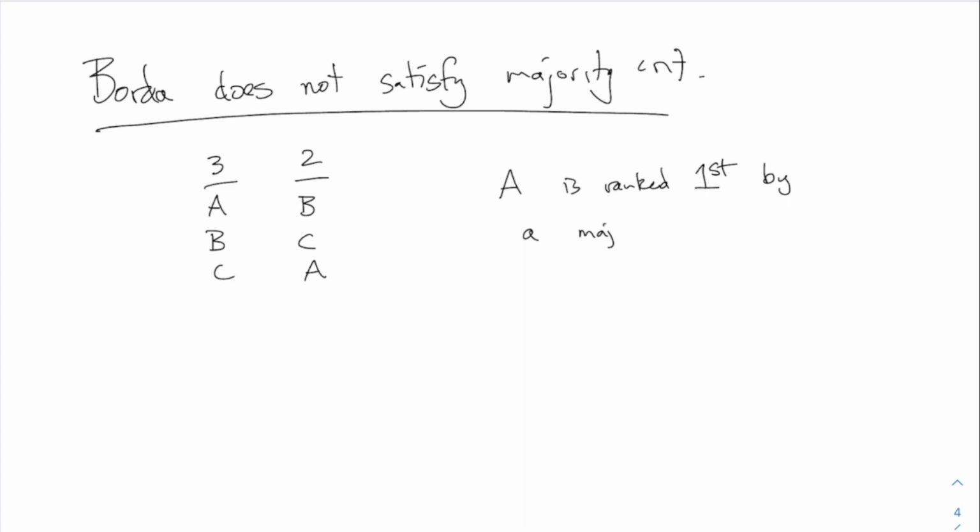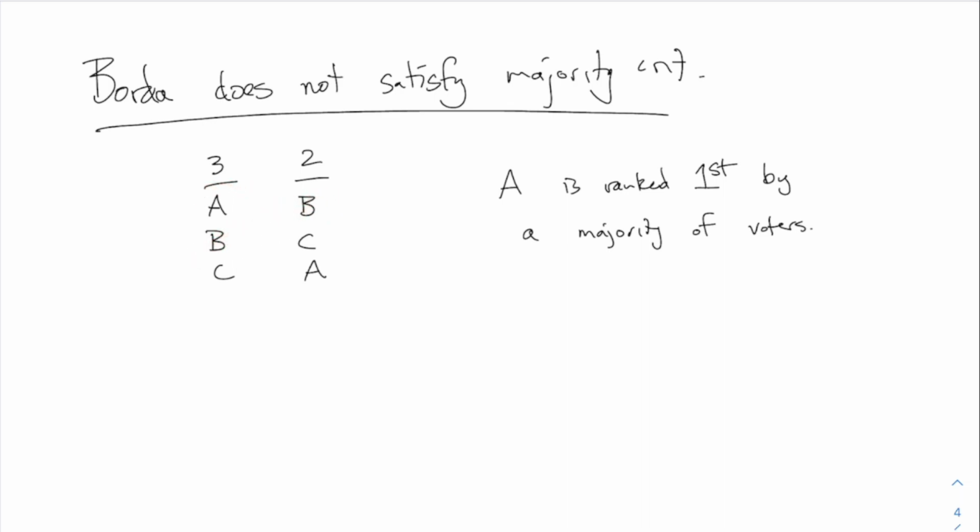That is 3 out of 5, right? There's 5 voters here, and 3 of them put A in the top. But like she said, I put A in the bottom for the other voters, and you will see B actually has a strong showing both times. And if you add up the points, you will see this allows B to get more points than A.